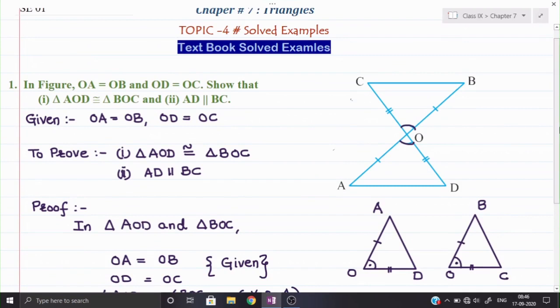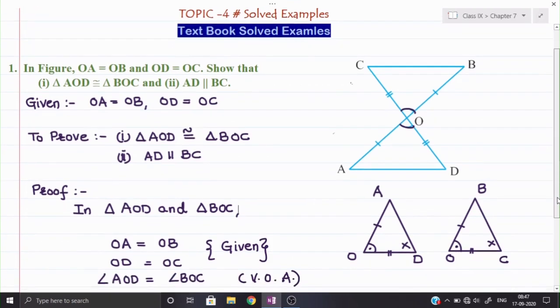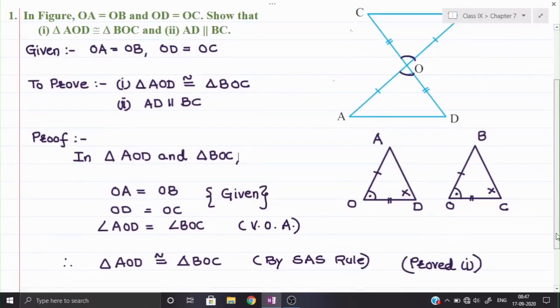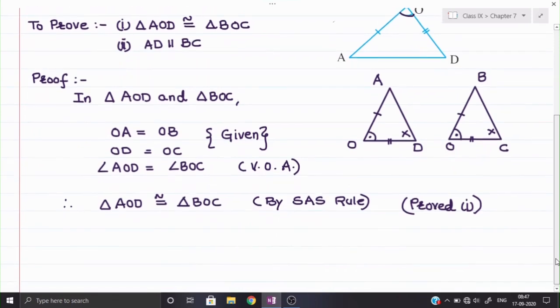First of all, one thing you observe, look at the angle ADO and angle BCO. Can I say that these two angles are equal? Definitely yes. How? Because the triangles are congruent and these are the corresponding parts. So corresponding parts will always be equal. So first we shall mention these two angles equal.